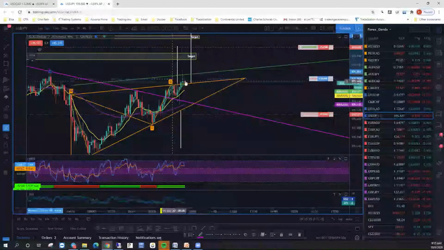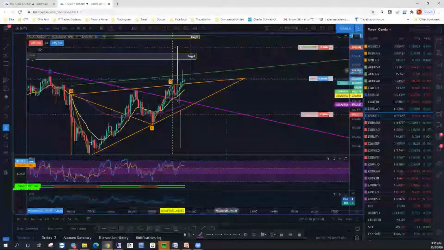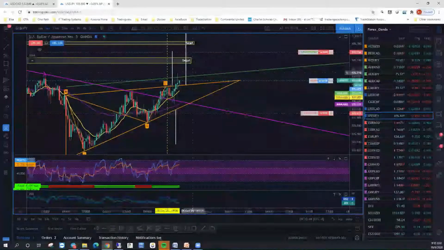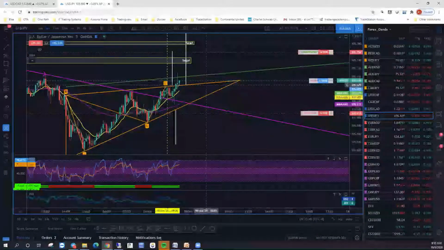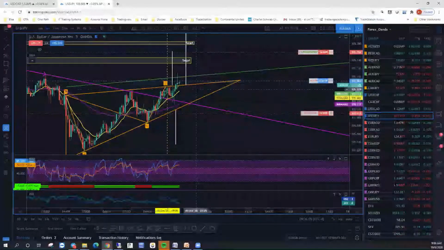When we see these 2 pip zones, we try to see what was the last time the price was rejected. Usually these 2 pip zones, or maybe 3 pip zone, around that number, we'll have a fair idea if the price closes above this, then this price is going to go our way or not our way.